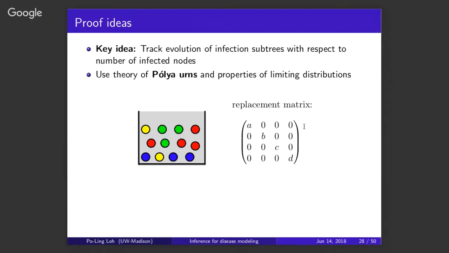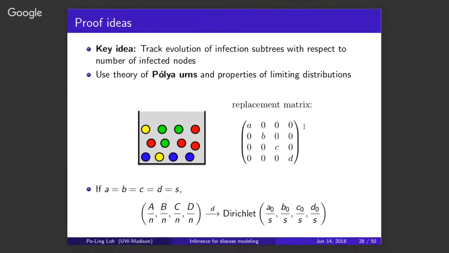So in probability theory, people have studied these types of urns, and one useful fact which we use in our work is simply telling what the limiting proportions look like. What I've written on the left side simply denotes the number of balls of each color, yellow, green, red, and blue.